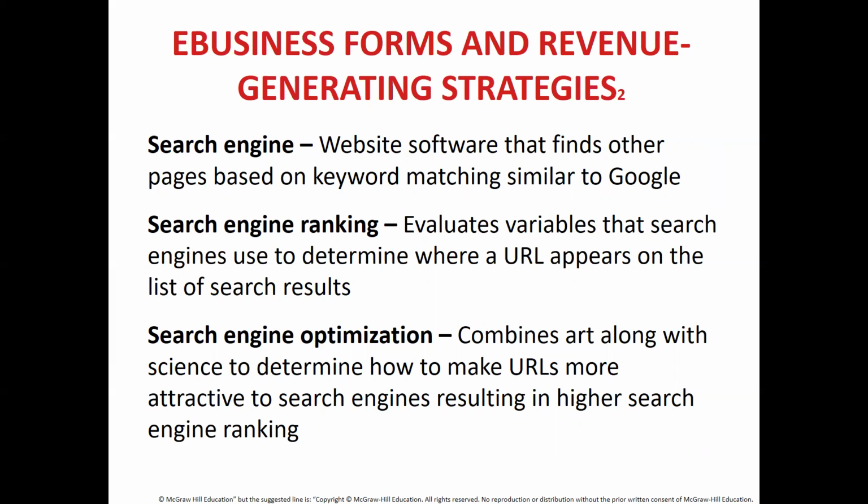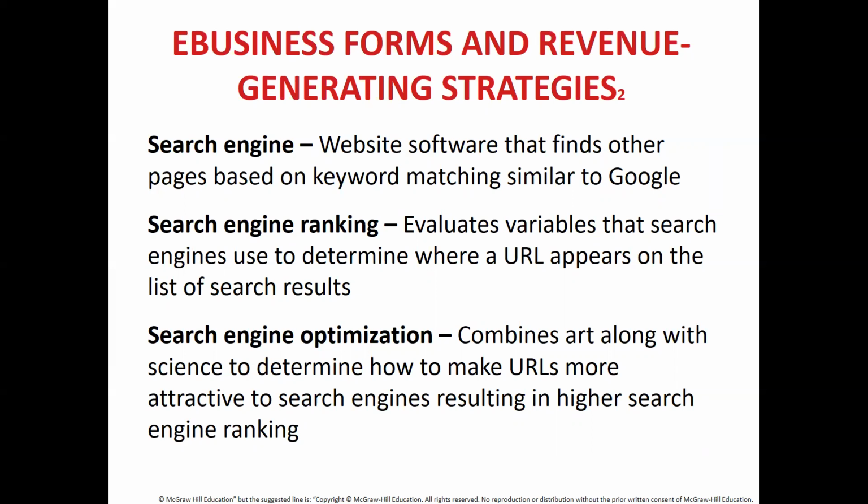Search engine ranking evaluates variables that search engines use to determine where a URL appears on the list of search results. Rankings in search engine optimization refers to a website's position in the search engine results page.